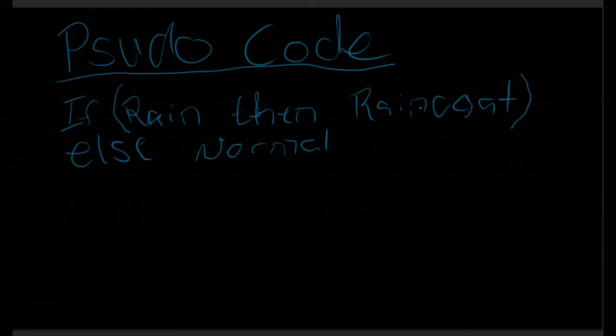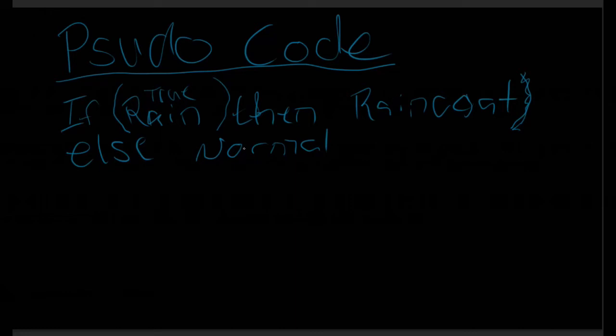We might have somewhere else in our program something that checks the weather. Then we come into this part of the program and say, if rain, and the other part of the program tells us that yes, it is raining, then we put on a raincoat.